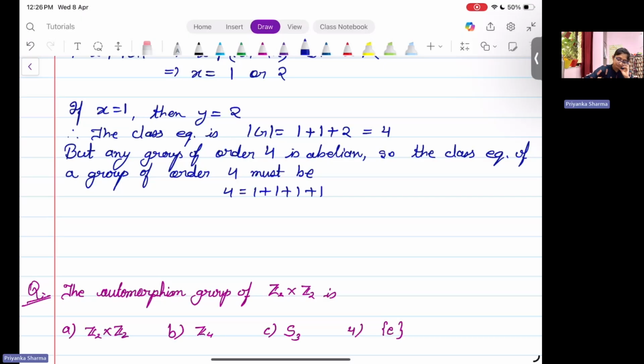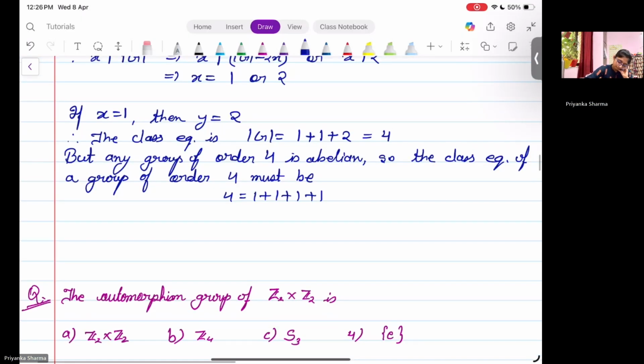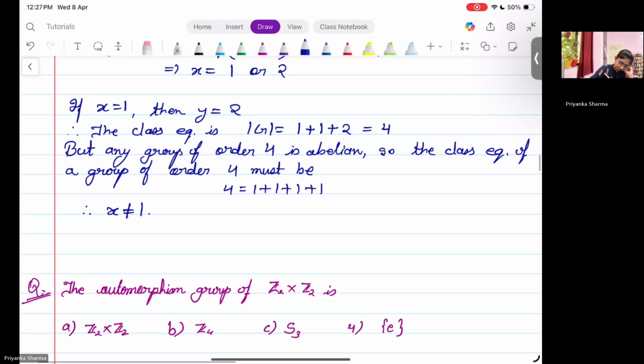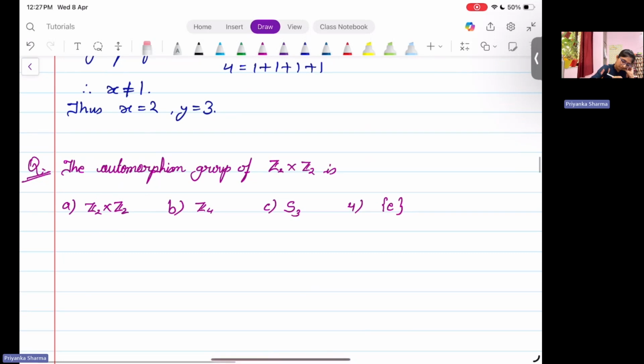Okay. Therefore, x is not equal to 1 in this case. Thus, x equals 2. And if x equals 2, y will be 3. Now, what will be the class equation?